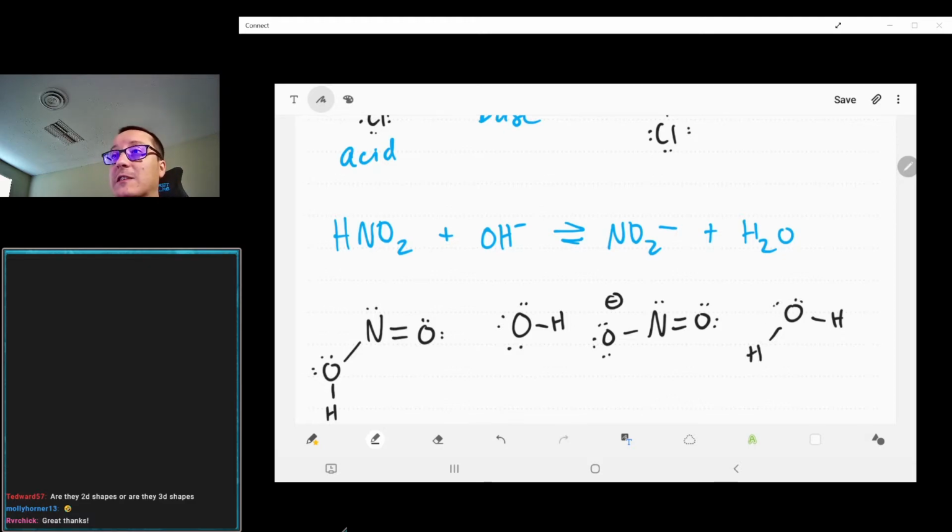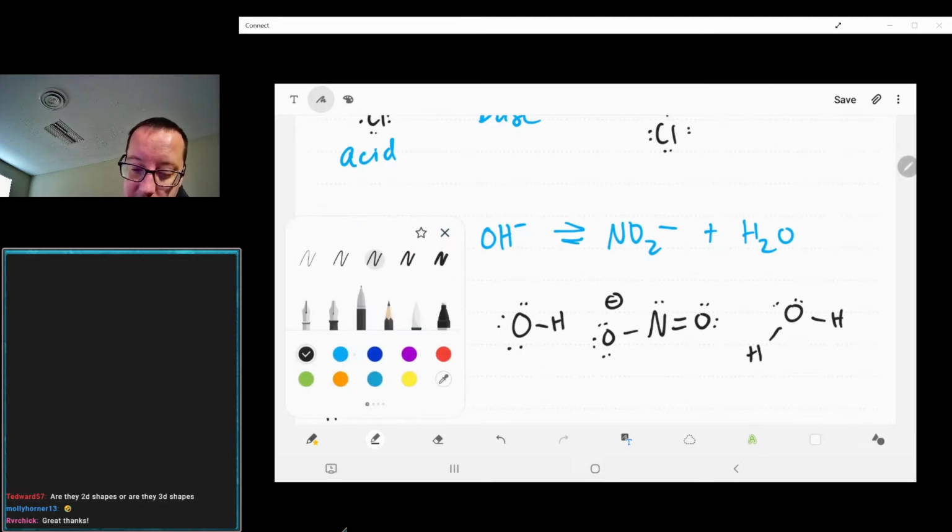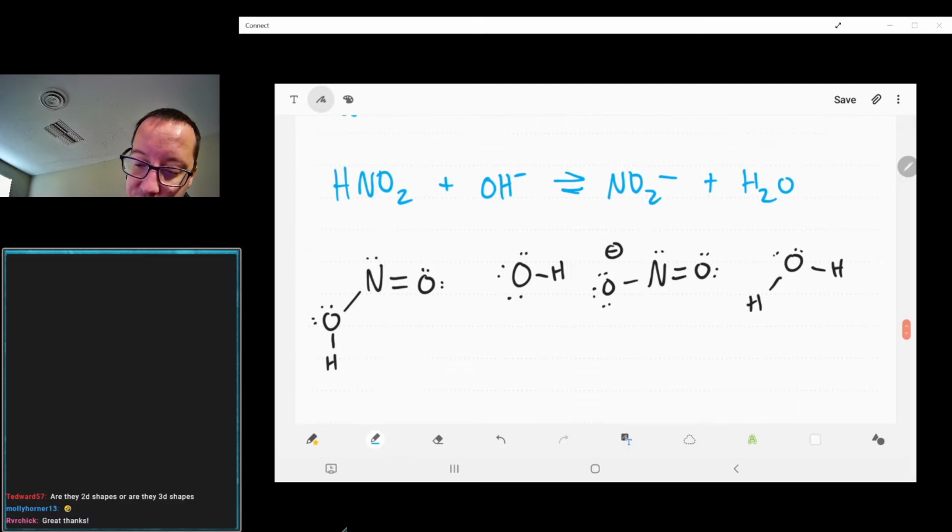So if we're looking at this in terms of what's happening with lone pairs, we can see here that in this reaction we're going to be breaking that bond, forming a lone pair onto our oxygen, and that hydrogen is going to be basically plucked away by the hydroxide.